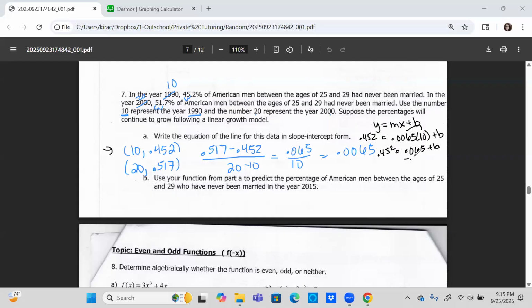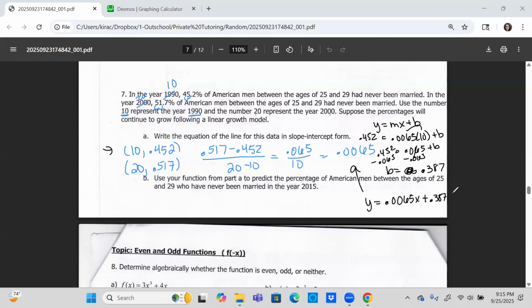Subtract. Using our calculator to do 0.452 minus 0.065. And that gives us a b of 0.387. So this answer, I know I'm down on the next part, but it would be y equals m, which was 0.0065, x plus b, which is 0.387.